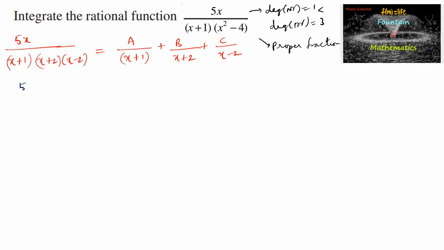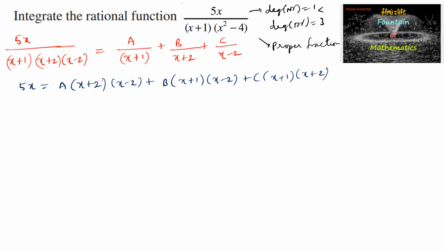So we can write 5x is equal to a times (x plus 2)(x minus 2), that is x square minus 4, plus b times (x plus 1)(x minus 2) plus c times (x plus 1)(x plus 2).